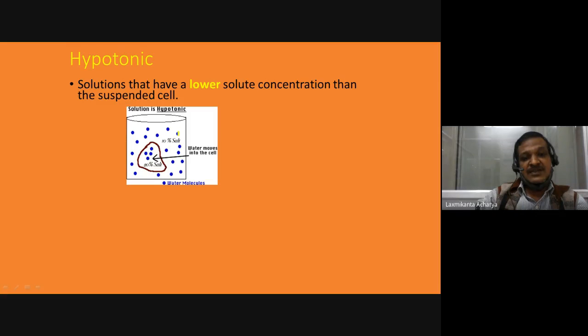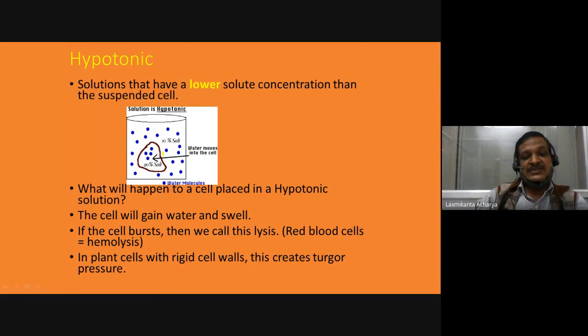So what will happen? The solvent, this water, will move inside the cell. So the cell will swell, it will gain water, and if the concentration is much more here, then the cell will burst. That is called hemolysis.